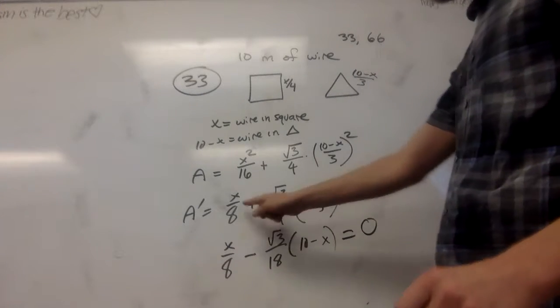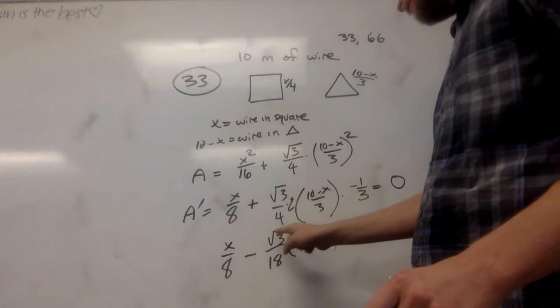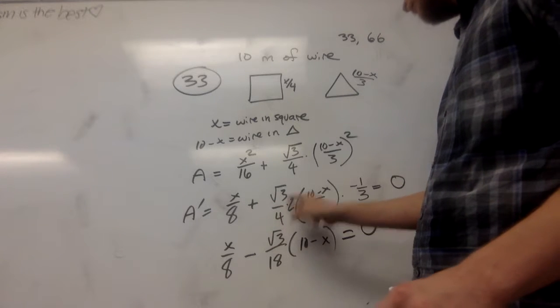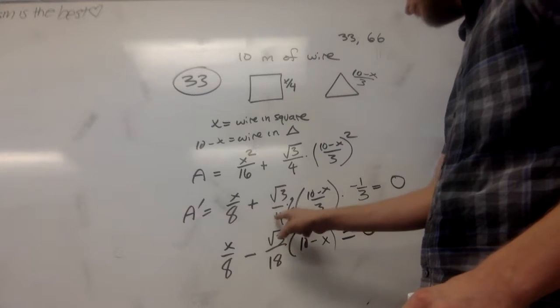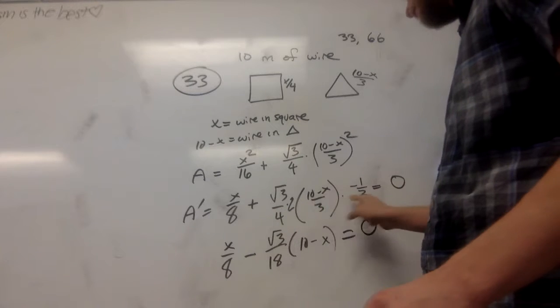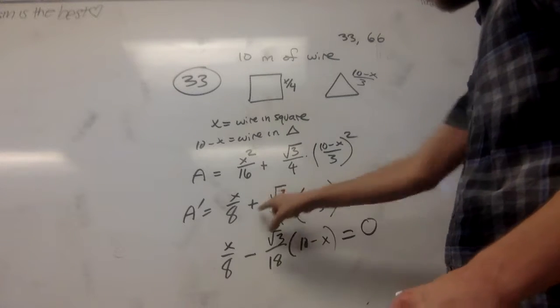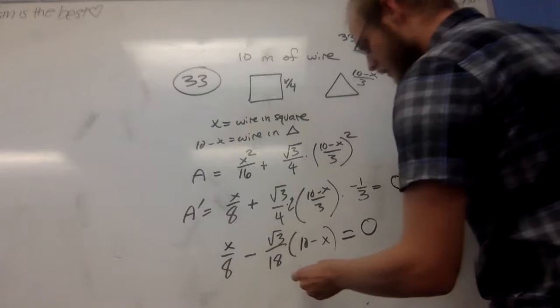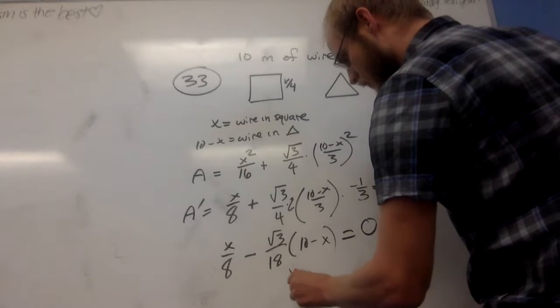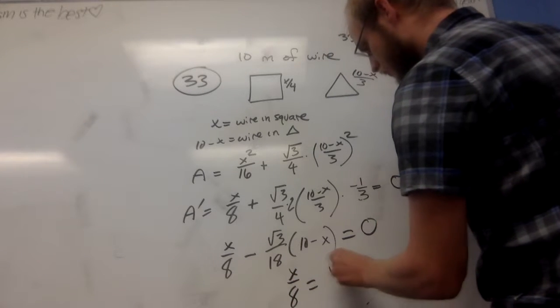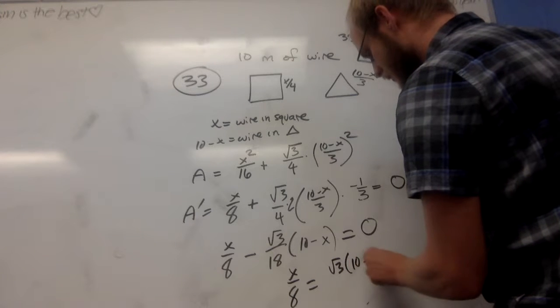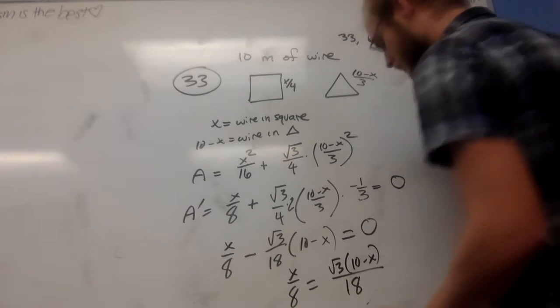Let me just check that I got everything. So x over 8 stayed the same. Root 3 over 4, but then multiply by 2 in the numerator, so that's times 2 in the denominator, times 3, that's 6, and 3 is 18, 10 minus x, minus 1 ends up over there. So now we can set that up as x over 8 equals root 3 times 10 minus x over 18.